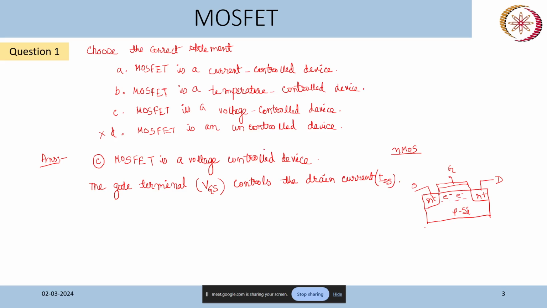If the output current, that is the drain current, is modulated because of some other parameter or other voltage, that is undesirable. We want to control the output only by the gate terminal.